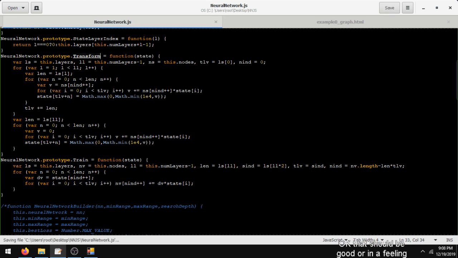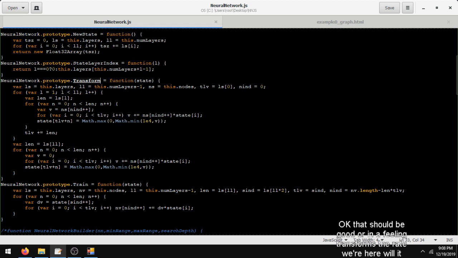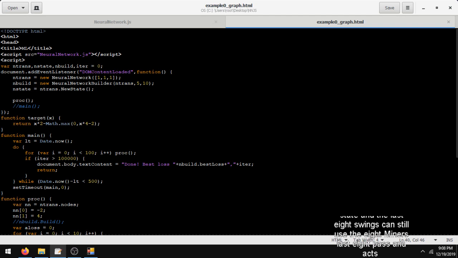Yeah, I feel like transform is the right word here. Okay, so I'm going to look at doing the second derivative. Just the simple second derivative using the state and the last state. So what it's going to do is it's going to do state minus last state index. So I'm going to need two states here.